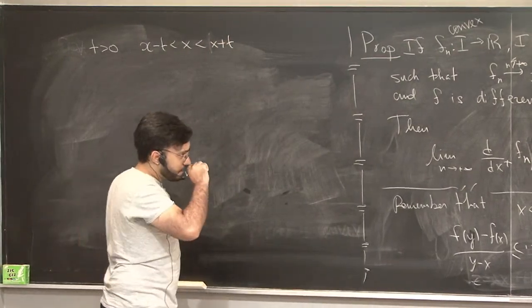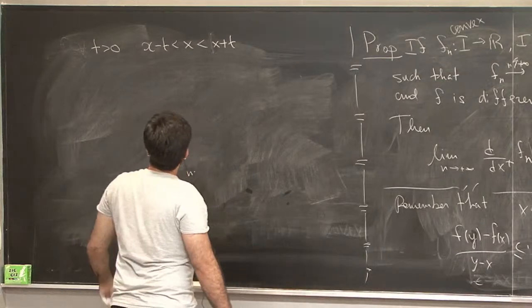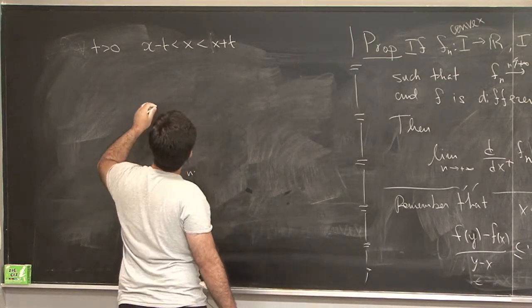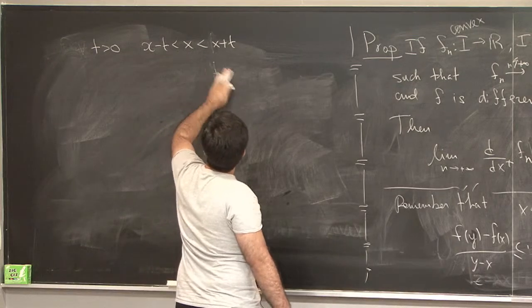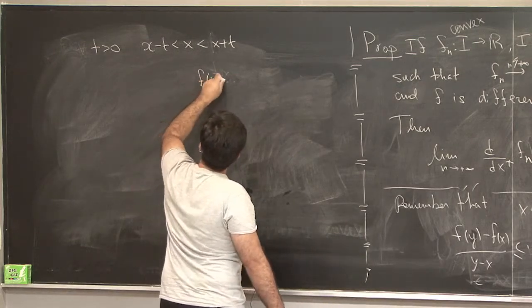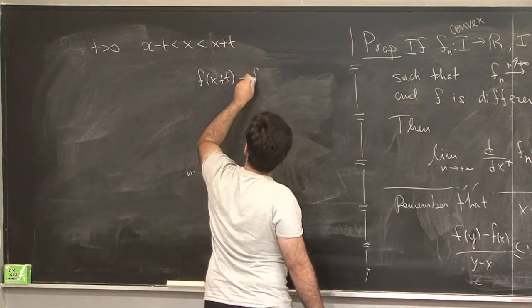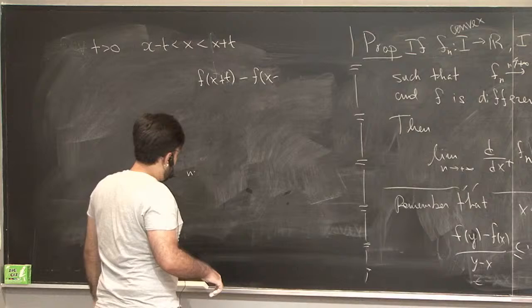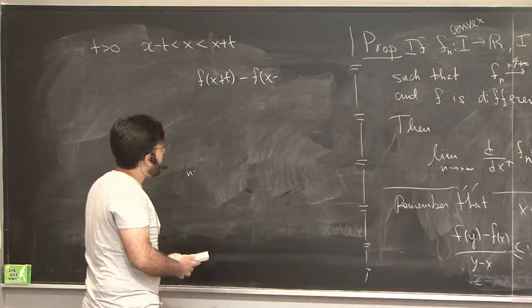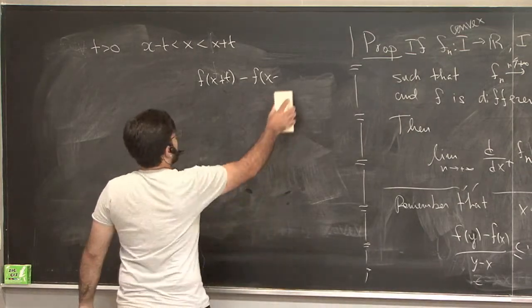Okay. And then what we have is that we get f(x plus t) minus f(x). Okay.